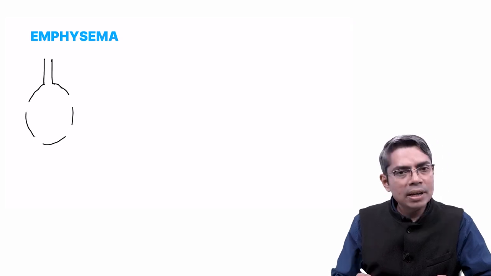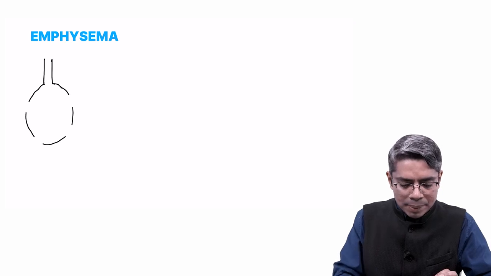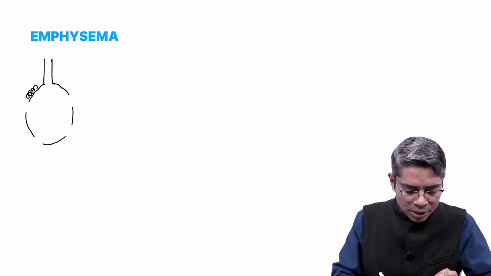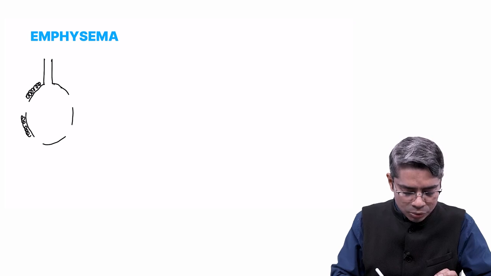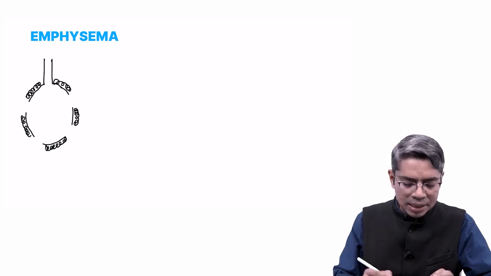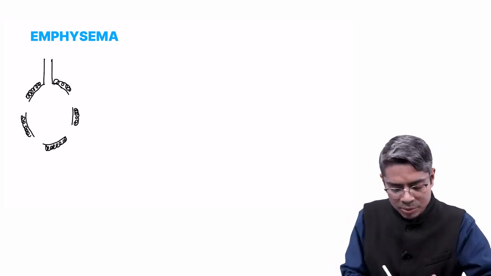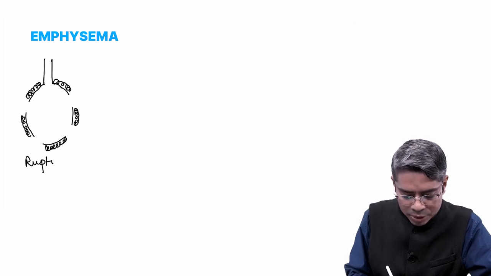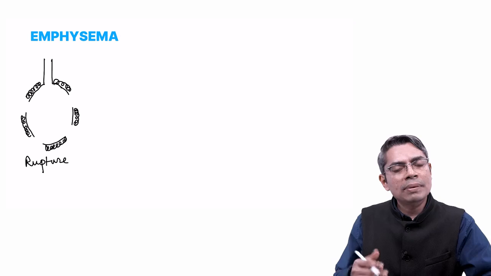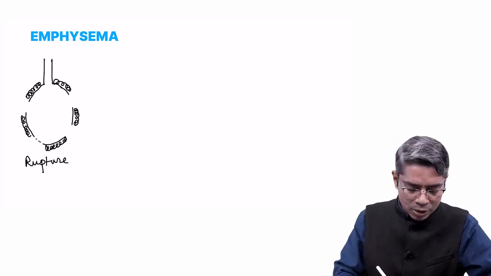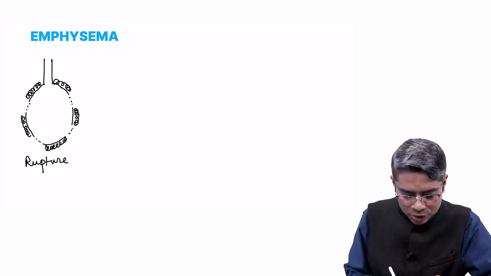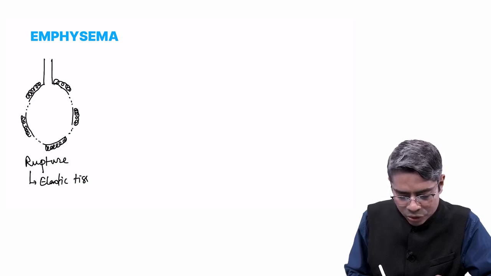Whenever the alveoli get ruptured, the elastic tissue surrounding them will obviously also get ruptured. We have discussed this multiple times. So I am also writing here that in case of emphysema, the elastic tissue which surrounds the lung is damaged.